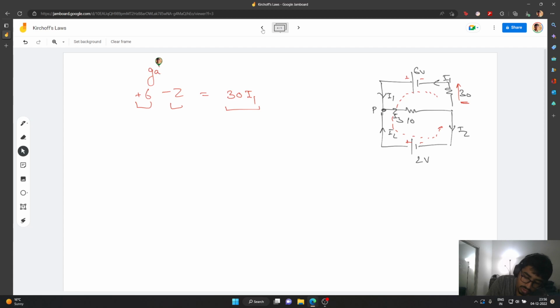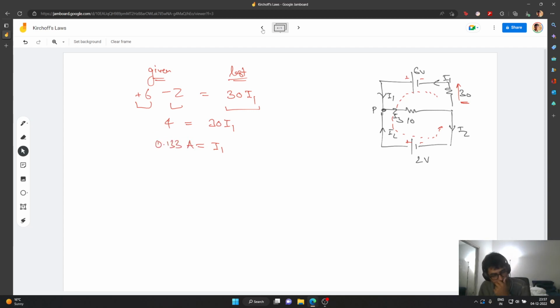So again, this was the amount of energy given, and this was the amount of energy lost, and they should be the same. So 30 times I1 was lost and 4 was gained. So we have found the current I1, which is 4 by 30, which is equal to 0.133 amps, right? So I1 is found.